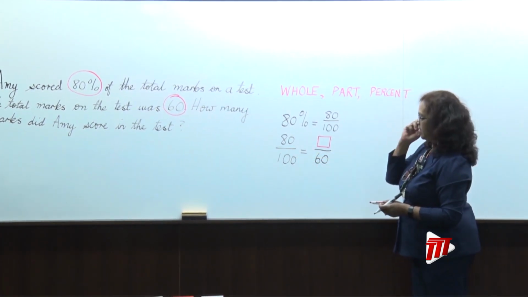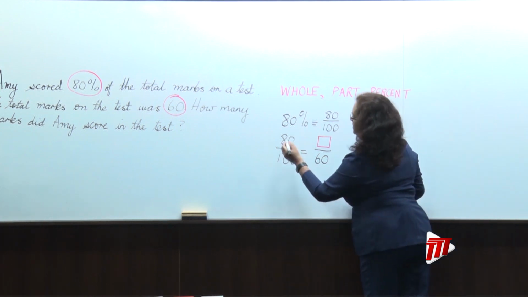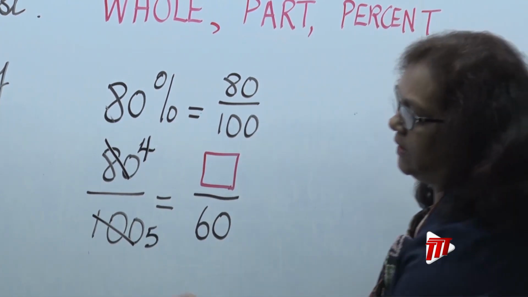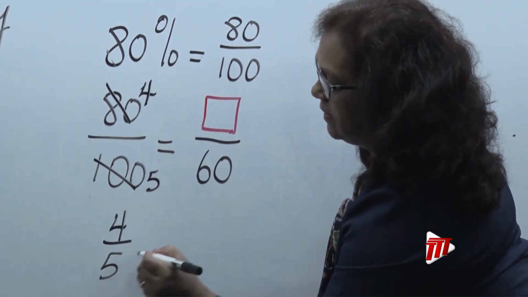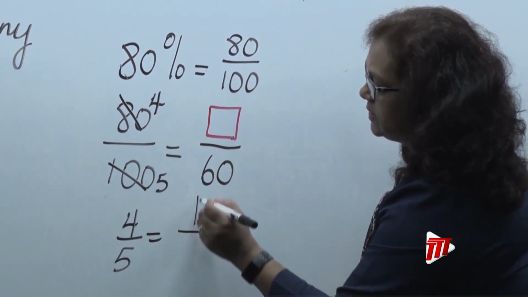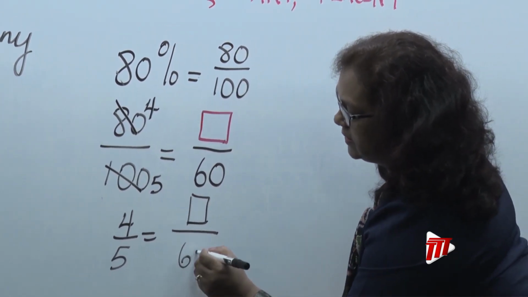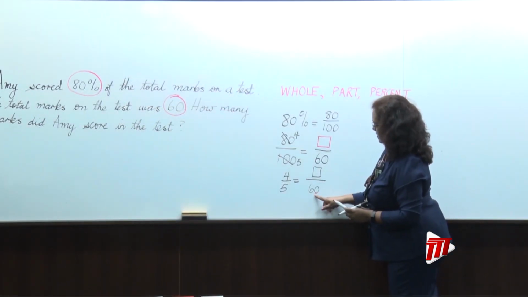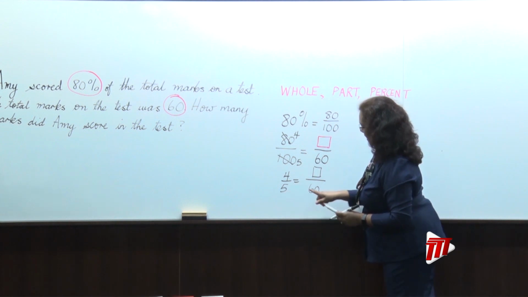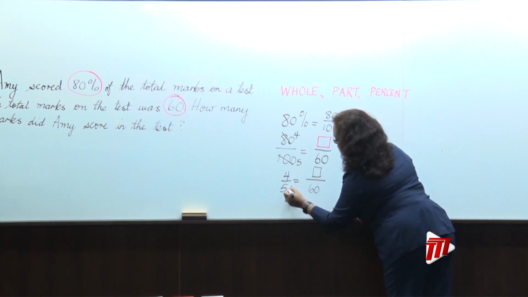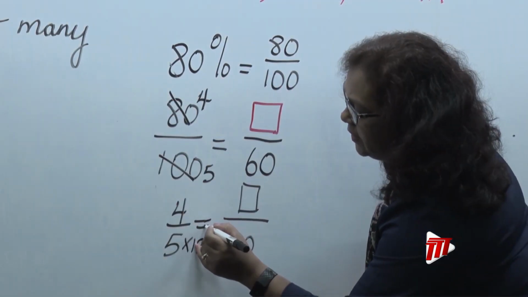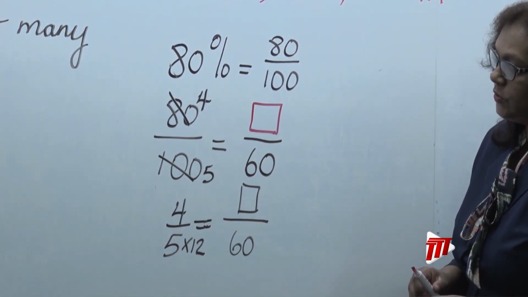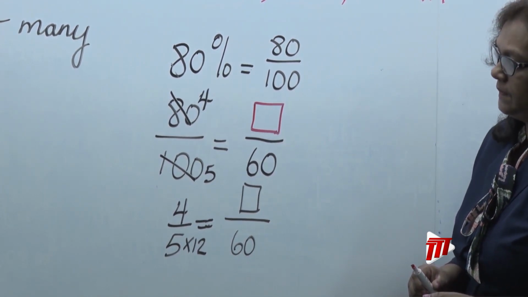Now I can do this very quickly here. If I reduce 80%, I will get 4/5. So I could say 4/5 is equal to a number over 60. Now, how did I go from 5 to 60? As we know with equivalent fractions, whatever number I multiply the denominator by, I'm going to do the same thing with the numerator.